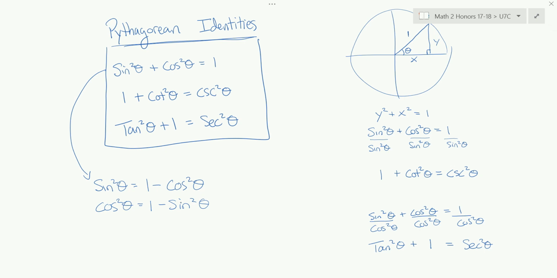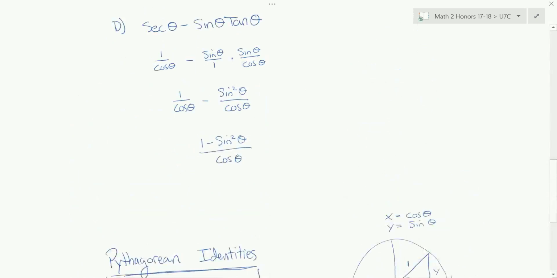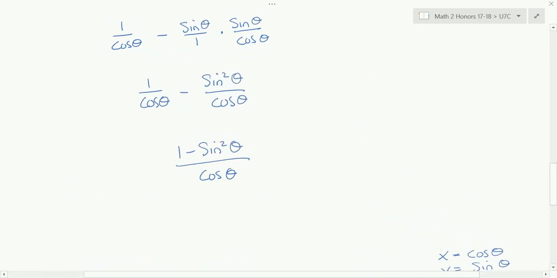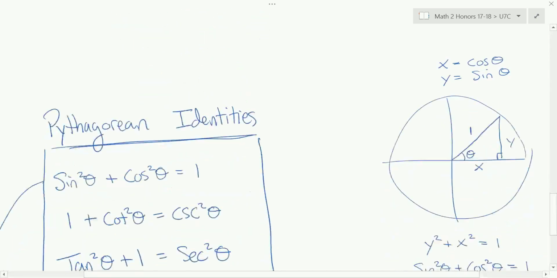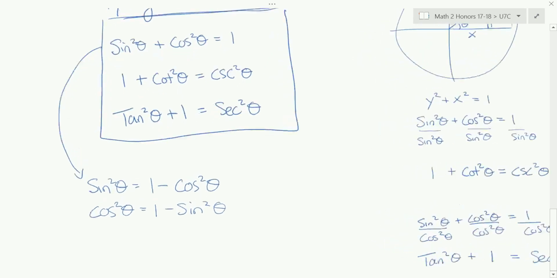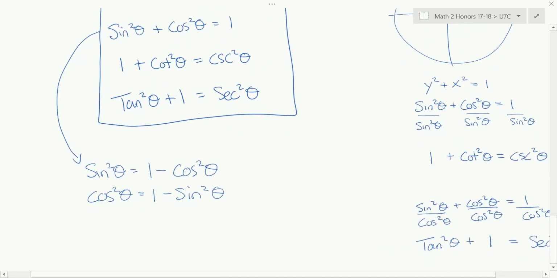So now let's go back up to part D. What do you notice? That numerator is 1 minus sine squared theta. And we just worked through these Pythagorean identities, and we found that 1 minus cosine squared theta is equal to what? Sine squared.